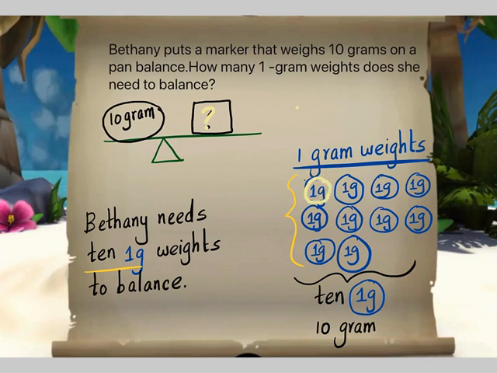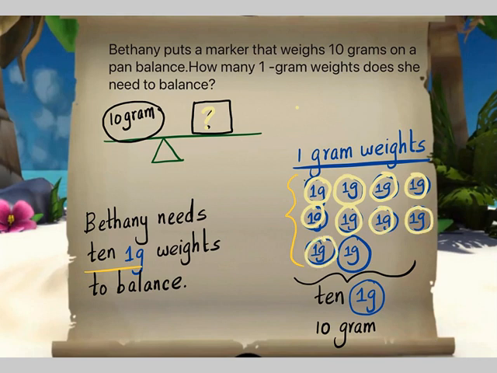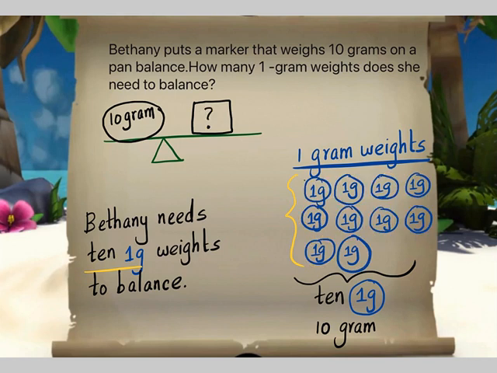This is 1 gram, 2, 3, 4, 5, 6, 7, 8, 9, 10 grams. So ten 1 gram weights will make 10 grams.